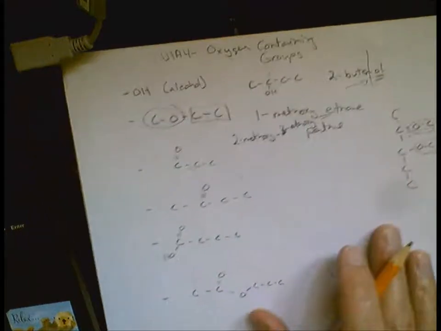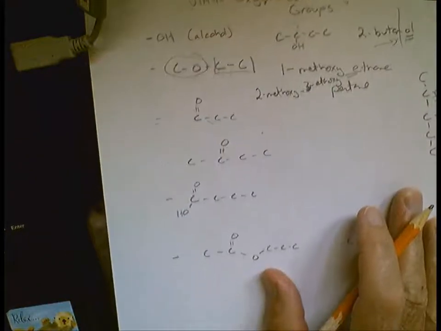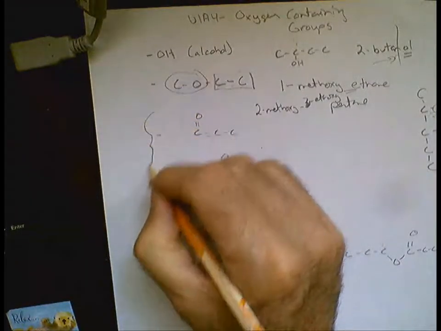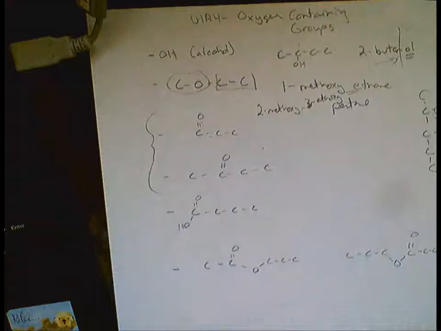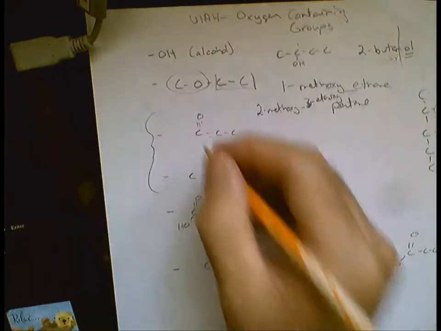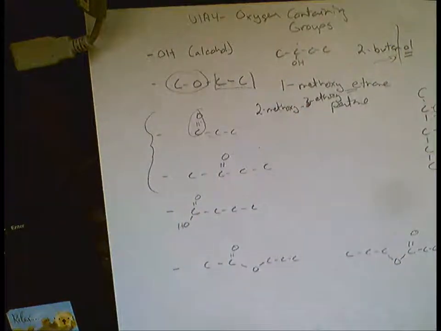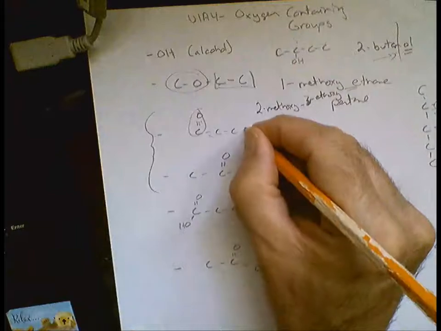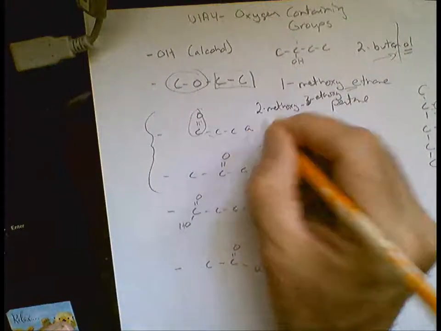Now, what you're going to see is that we have a number of groups that have double bonds. If it's just a C double bonded to an O, they're called carbonyls, but there's 2 types of carbonyls. If the C double bonded O is on either end of the chain, it's called an aldehyde. So this one is an aldehyde.